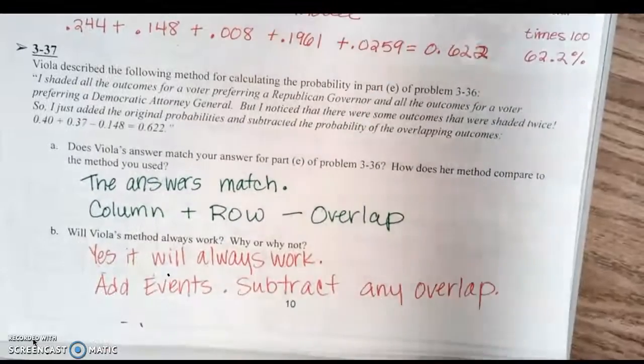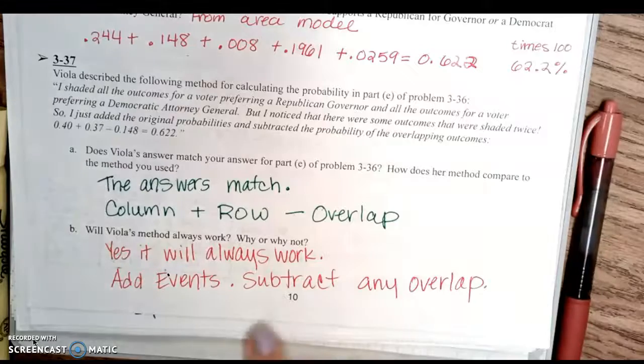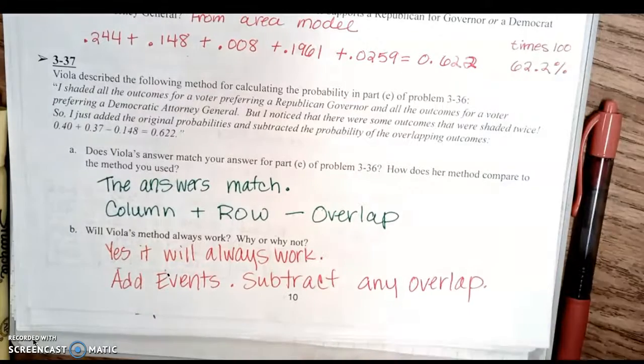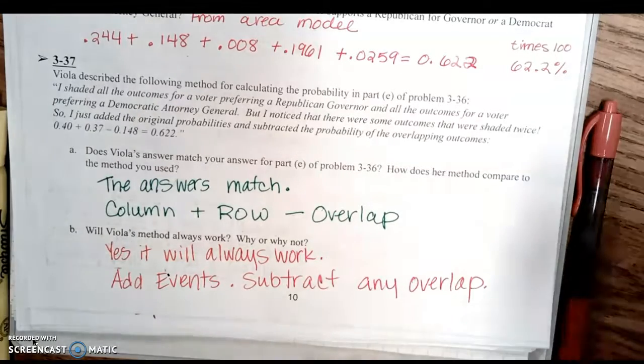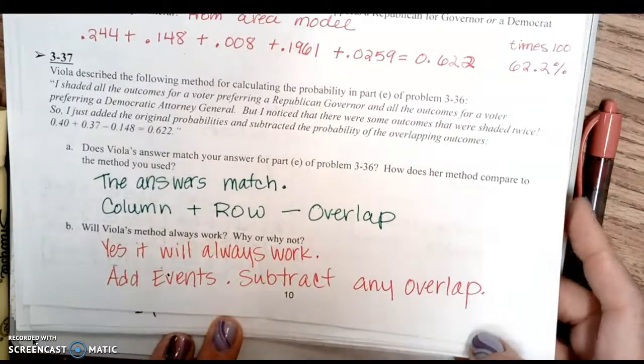All right, part B down at the bottom says, will Viola's method always work? Why or why not? Yes, it will always work because you can just add all of the events and subtract any overlap that you might have. Any questions so far on question 37? Anybody still writing?